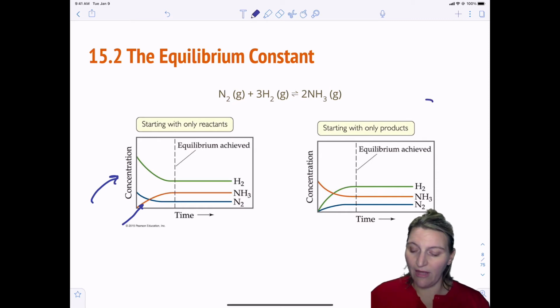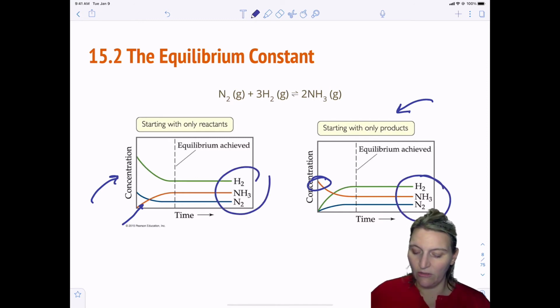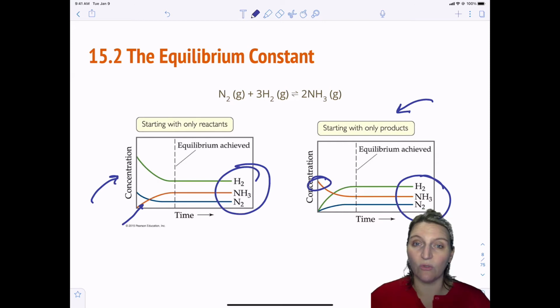And you can see that even if we start with only products, even if I start with only NH3, the reaction proceeds to equilibrium so that eventually there are the same proportions of hydrogen, ammonia, and nitrogen, whether I start with reactants or start with products. And that's what the equilibrium constant is representing.